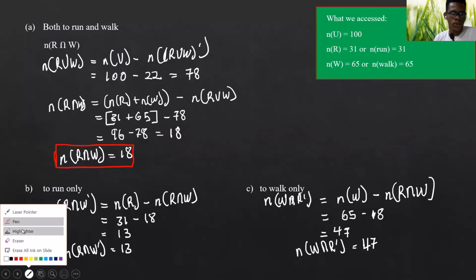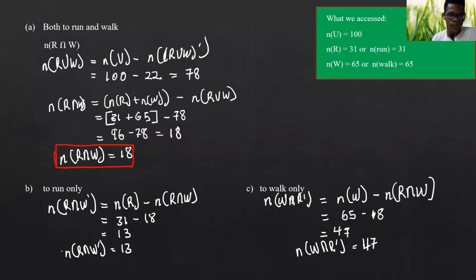And then W only is 47. Questions, queries?